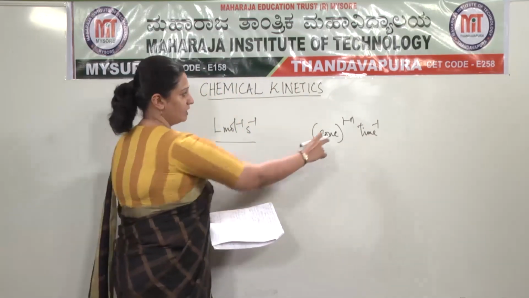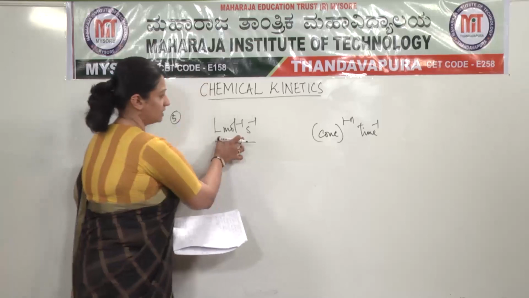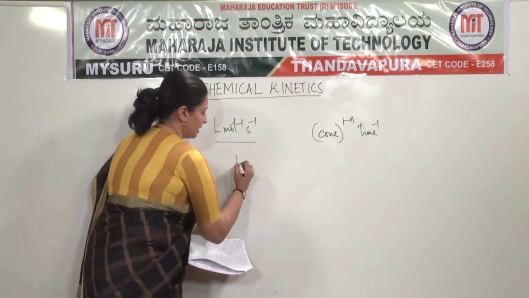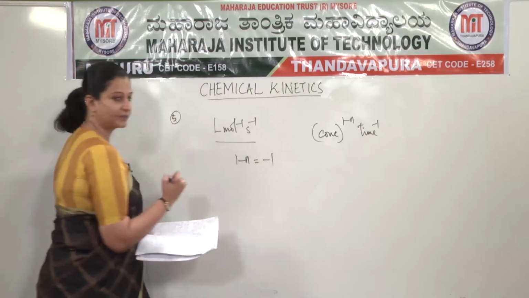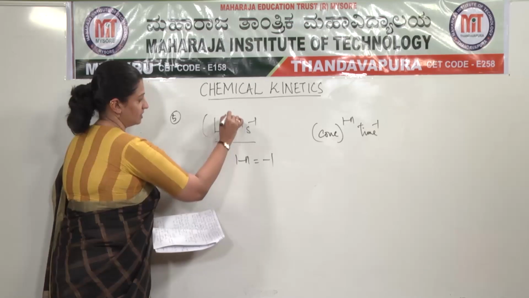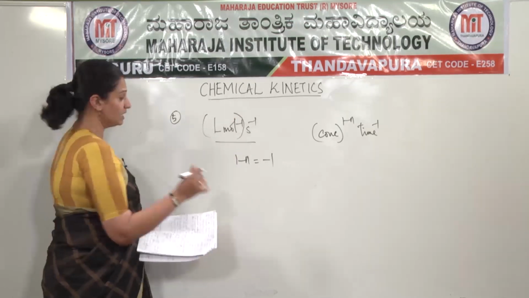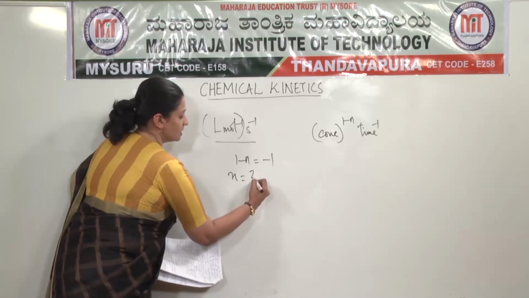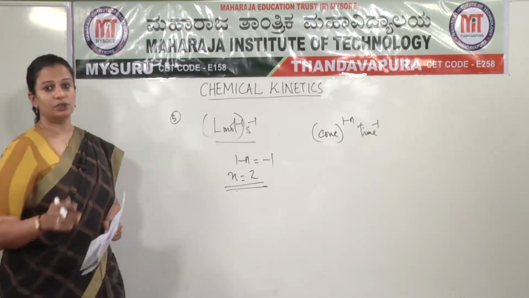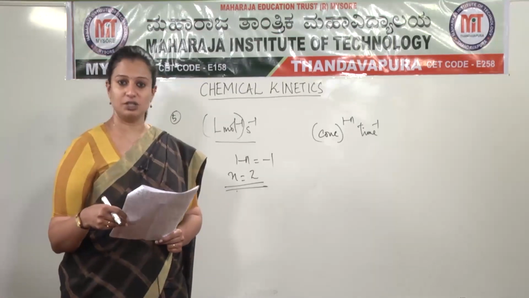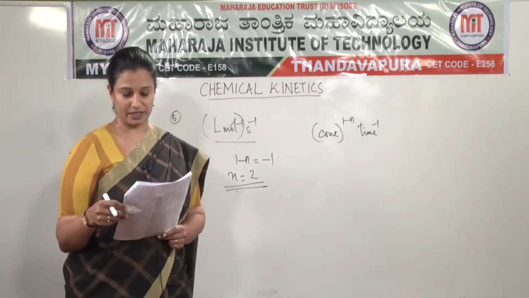If n is the order, we can easily see that 1 minus n is equal to minus 1, because this is the unit for concentration, which means n is equal to 2. So looking at the unit of the rate constant, we understand that the order of the reaction is 2. So that's your fifth question.